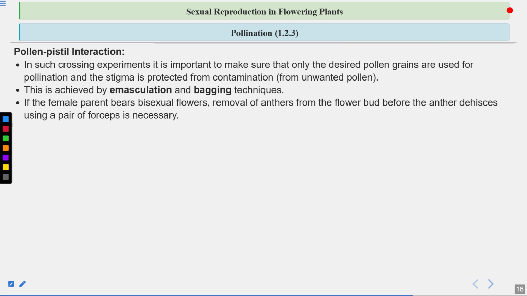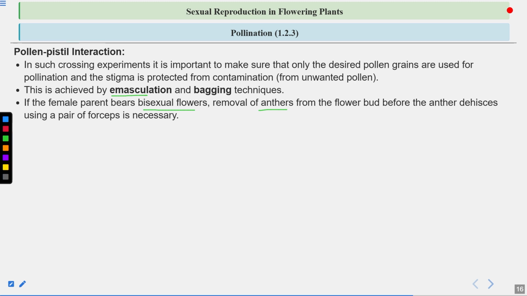If the flower parent bears bisexual flowers, you remove the anthers with the help of forceps. Okay. So you are making that flower a female flower. Removing the anthers is called emasculation.